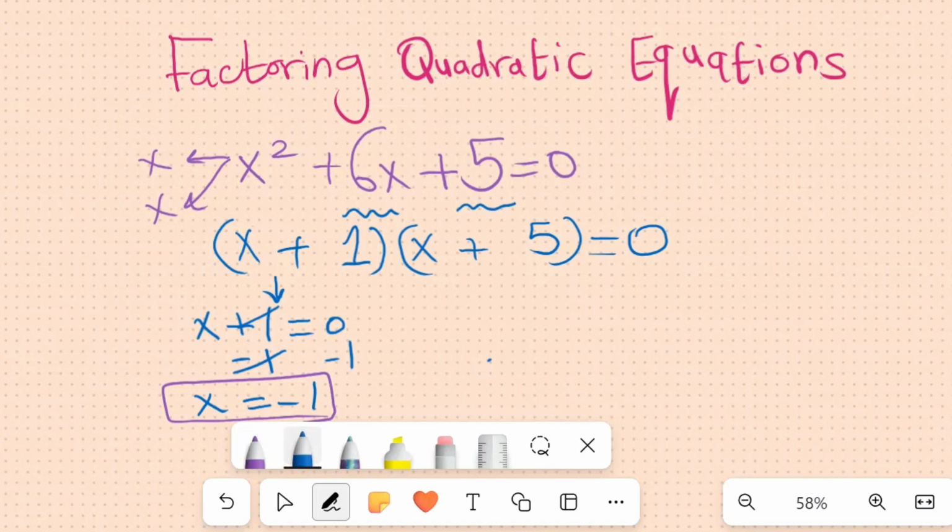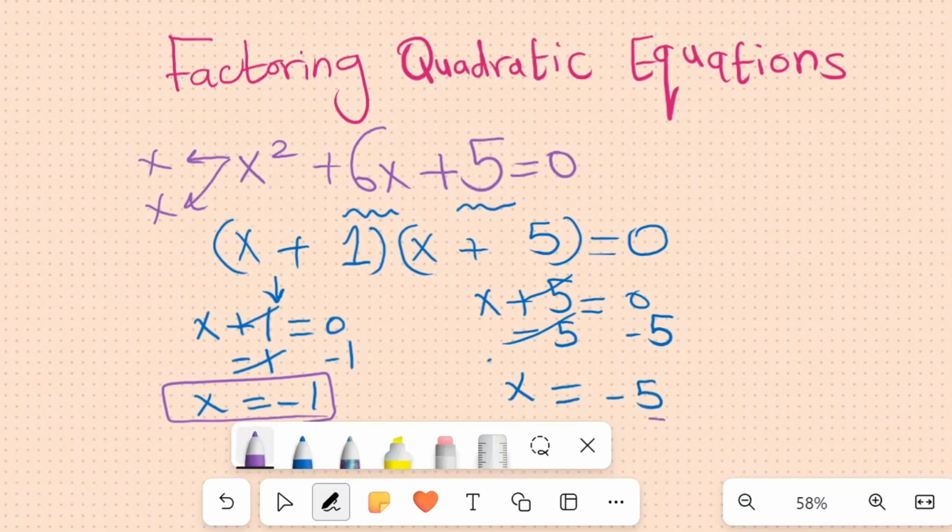Now let's solve the other bracket. X plus 5 equals 0. We're gonna move the 5 to the other side by doing the opposite operation as well. Minus 5 here, minus 5 there. X equals negative 5.